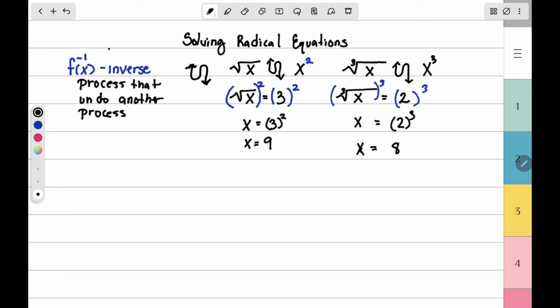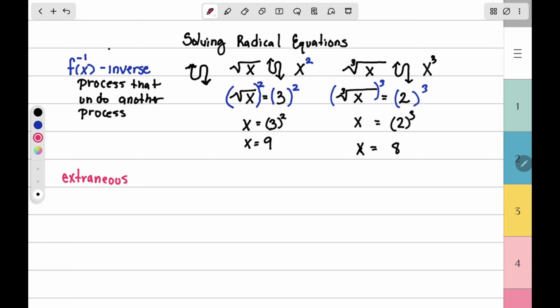Wait. There's one more definition we need to know. There's a term called extraneous. Extraneous means outside of the solution.